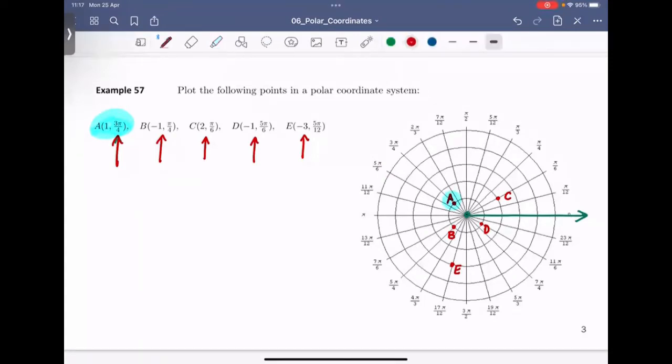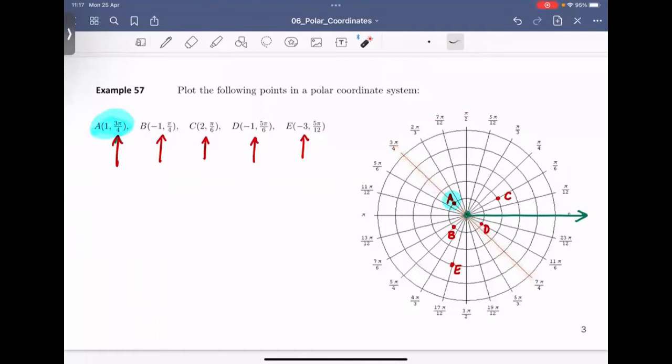The one opposite to 3 pi over 4 is 7 pi over 4, right? If you draw the line, 3 pi over 4 is the same line as 7 pi over 4.